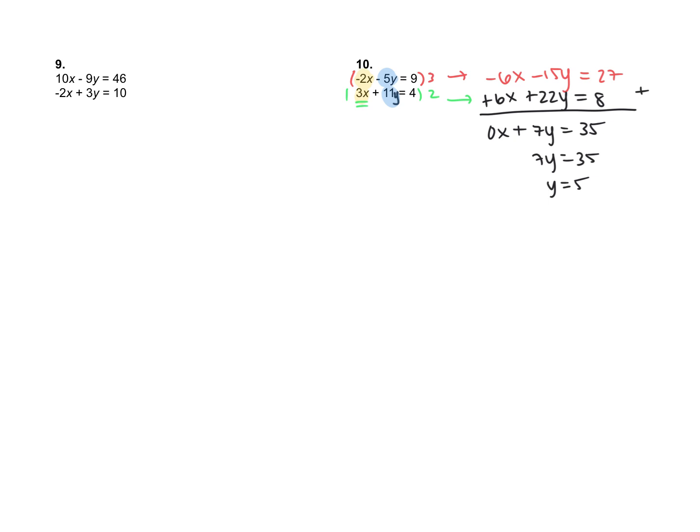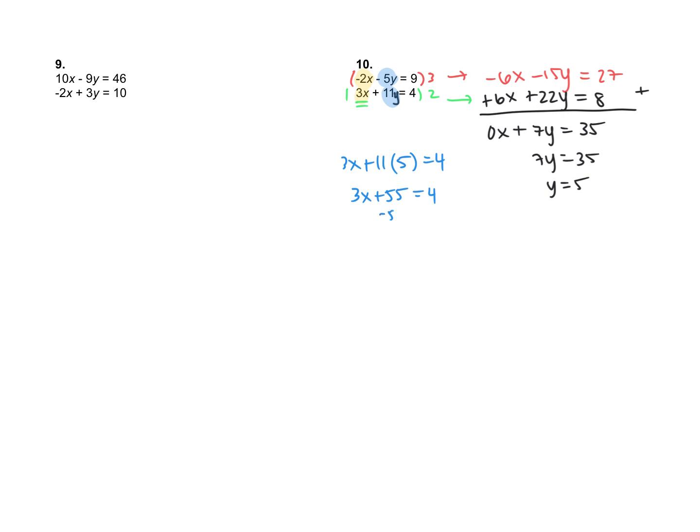Marin, what can I do from here now that I have y to find x? Okay, which equation would you like to use? The bottom one. Sounds great. Okay, so we get then 3x, add 11, our y is 5, equals 4. So 3x add 55 equals 4.